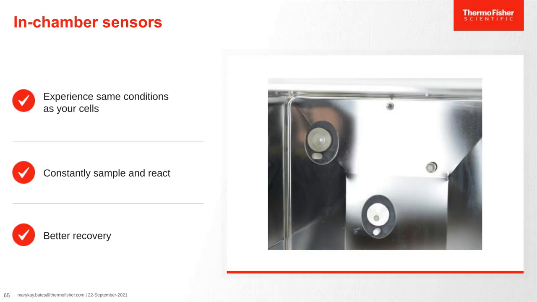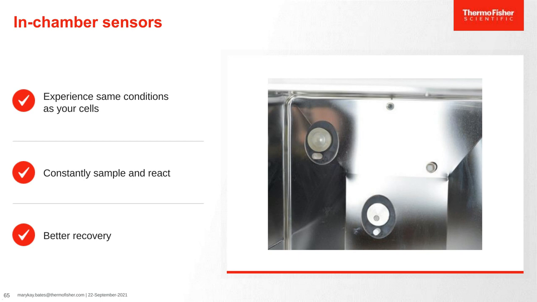Finally, in-chamber sensors are critical for proper recovery and accuracy of the temperature, CO2, and humidity in your cells. In-chamber sensors experience the same conditions as your cells. If you open the door, you want the sensor to react to that condition just like your cells would react.